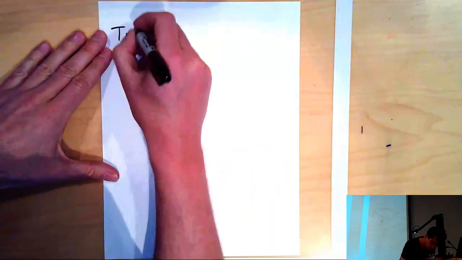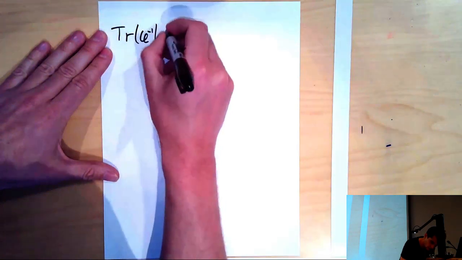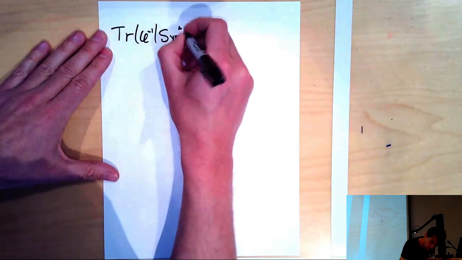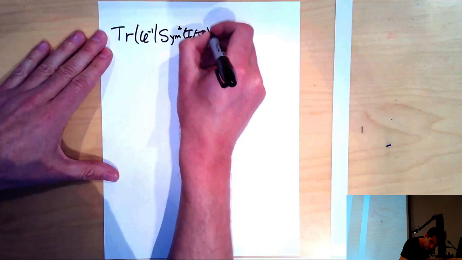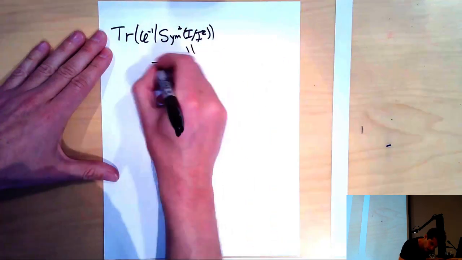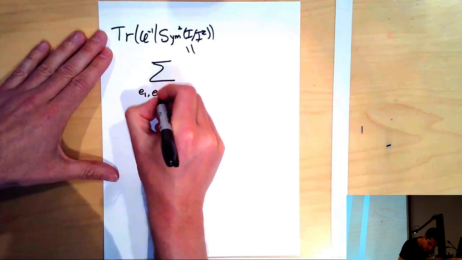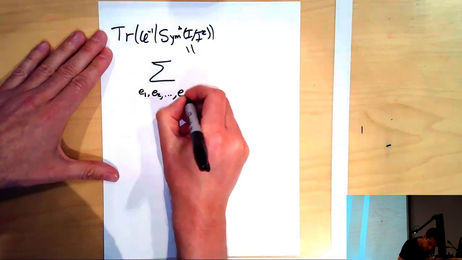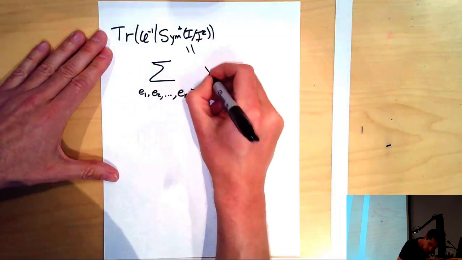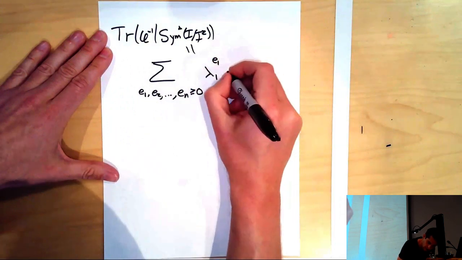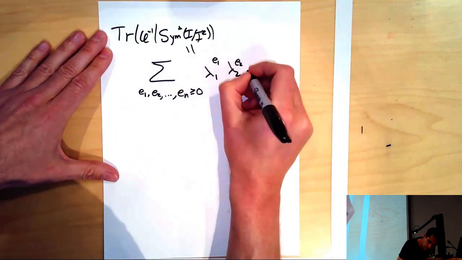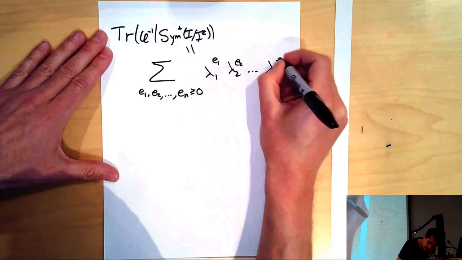So let me just write that. Trace of Frobenius inverse on Sym star of I mod I squared would be the sum over all integers, let's say e1, e2, dot dot dot, through en greater than or equal to 0, of lambda 1 to the e1, lambda 2 to the e2, and so forth, lambda n to the en.